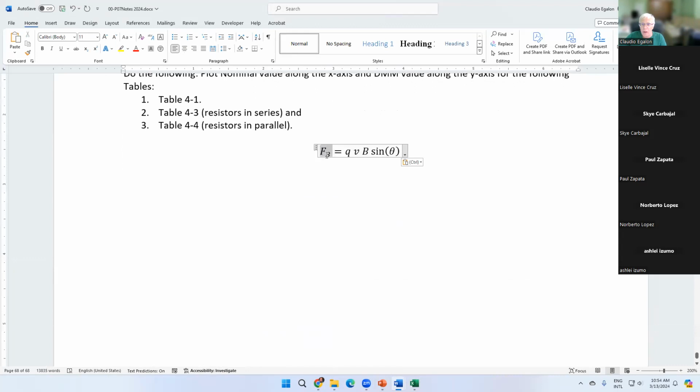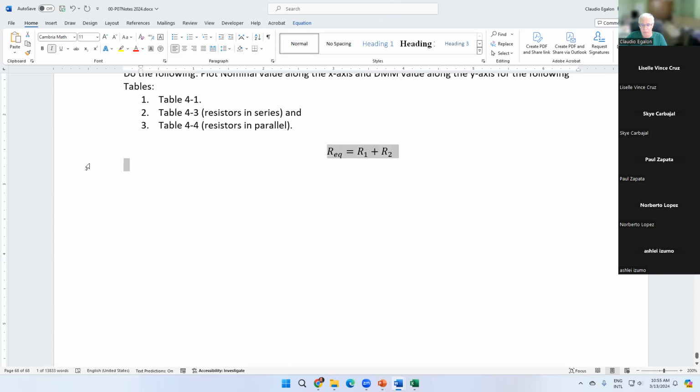Resistors in series are equivalent to R1 plus R2, right?